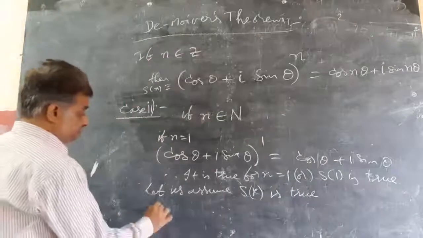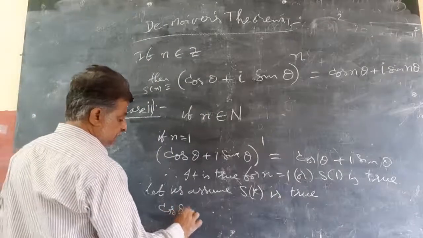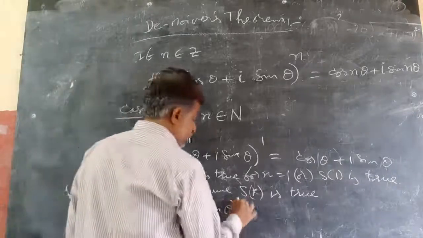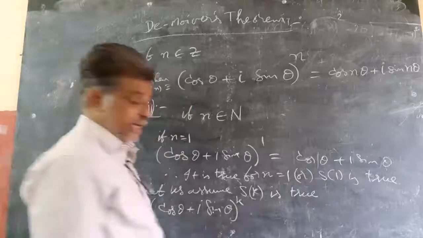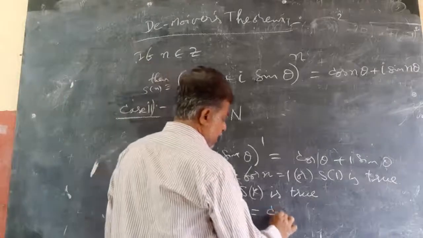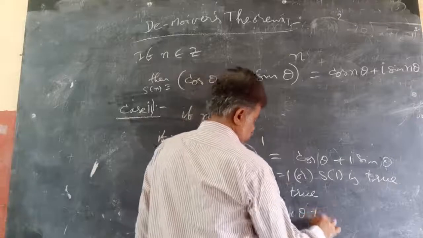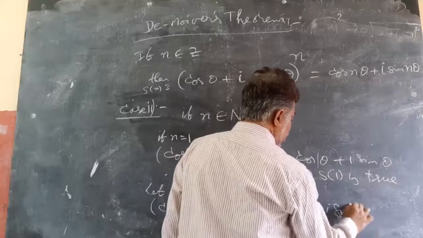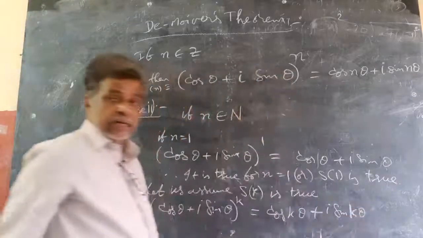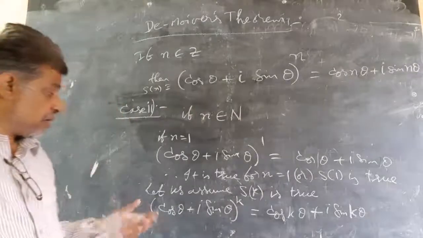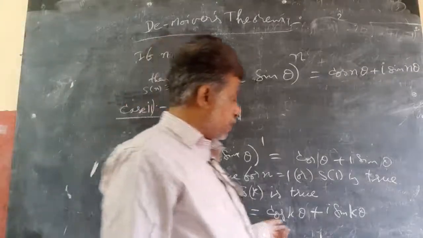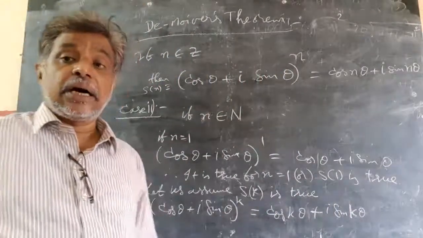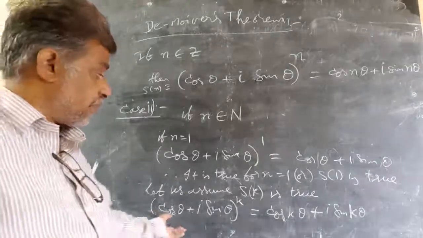So the given relation becomes (cos theta plus i sin theta) whole power, instead of n I am taking k, so whole power k equals cos k theta plus i sin k theta. I am assuming it is true for n equal to k.